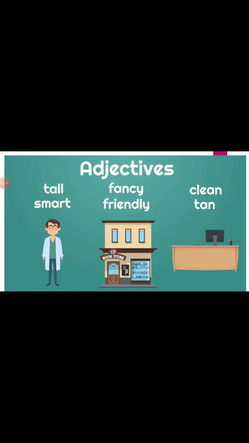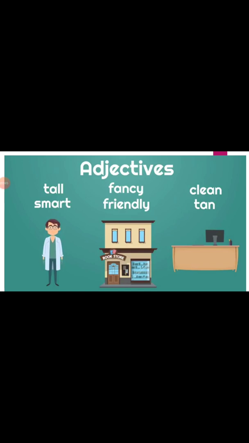They are adjectives. What about this desk? I have used the describing words clean and tan here. Clean because you can see it's not dirty, and tan is describing its color. Clean and tan are describing the noun desk. All these words you see are the adjectives.